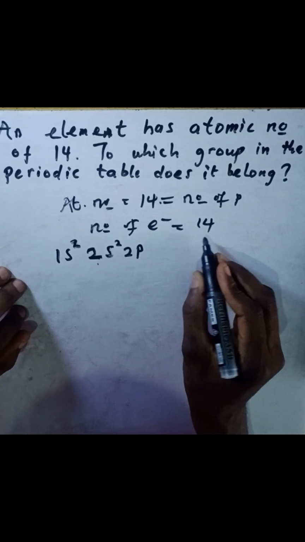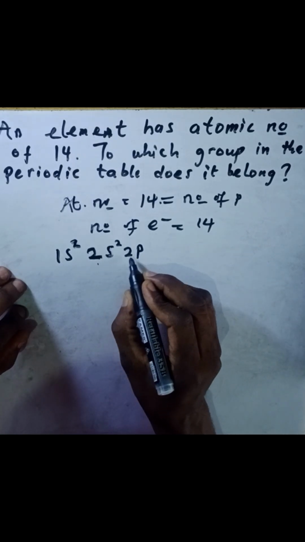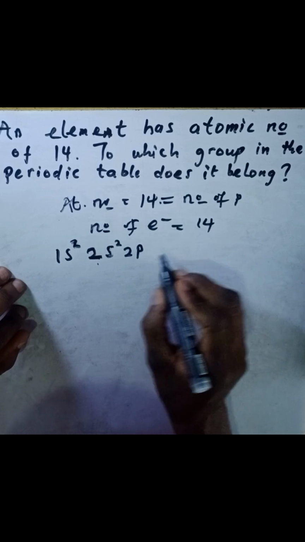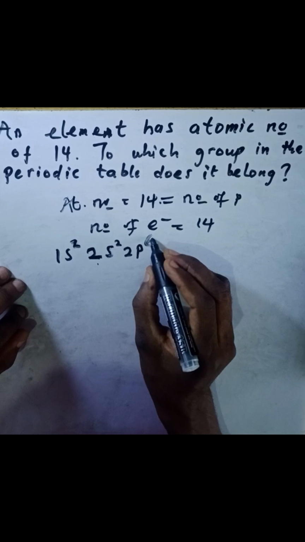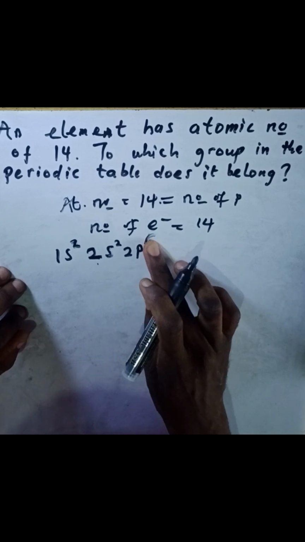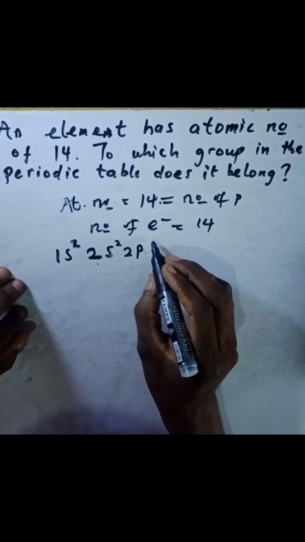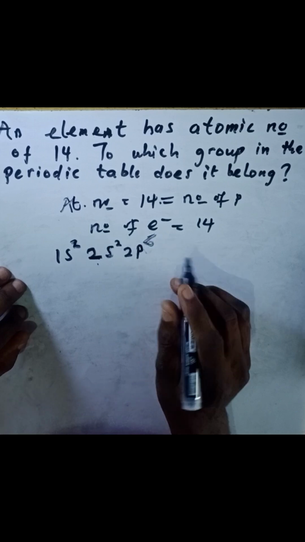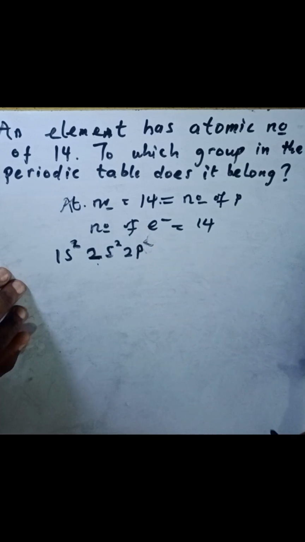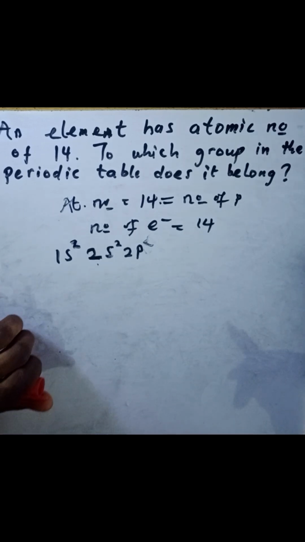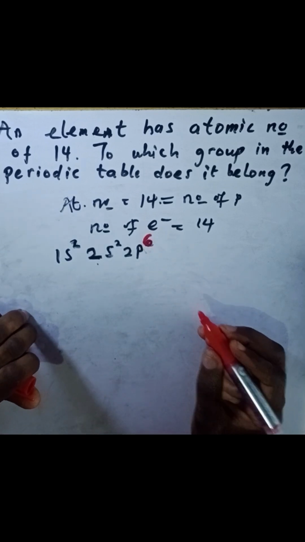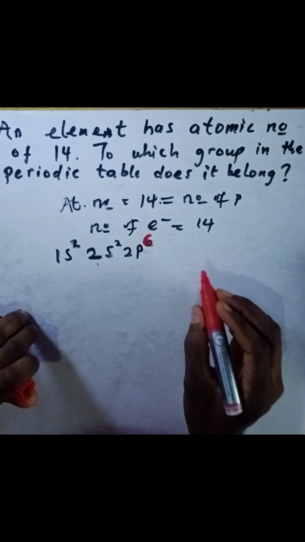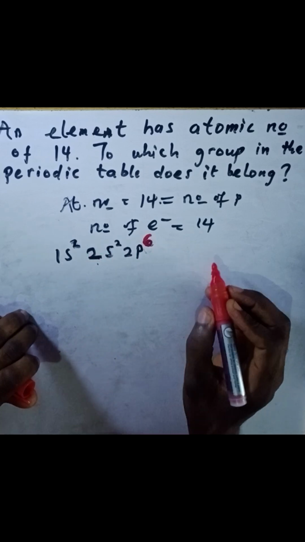Now, here we have 2p, out of the remaining 10. Don't forget your p orbital can easily take up 6 electrons. So 2 plus 2 plus 6 is 10.